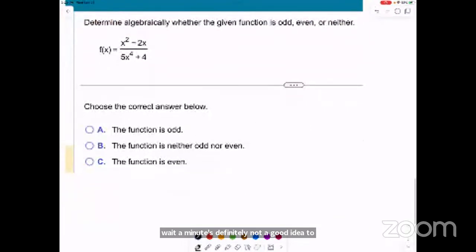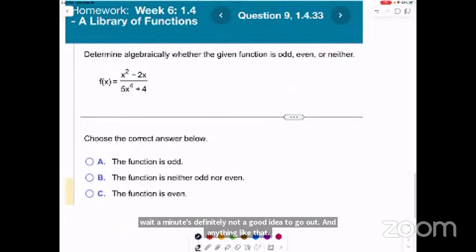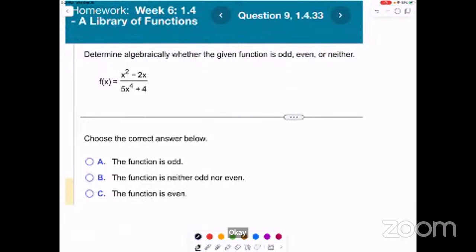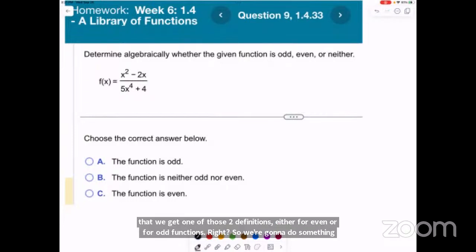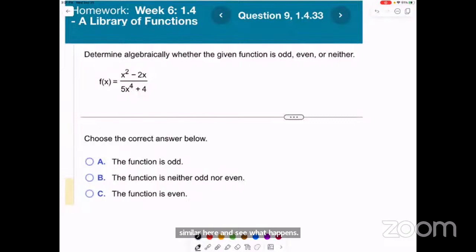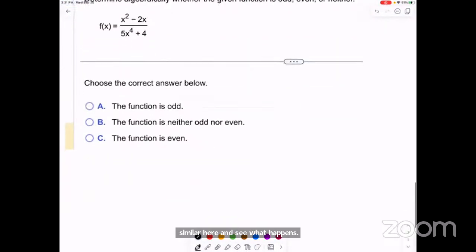Okay, algebraically, right? When we did this in the previous example, we replaced each x with negative x, we simplified, and then we saw that we got one of those two definitions, either for even or for odd functions. So we're going to do something similar here and see what happens. First we're going to replace each x with a blank set of parentheses.